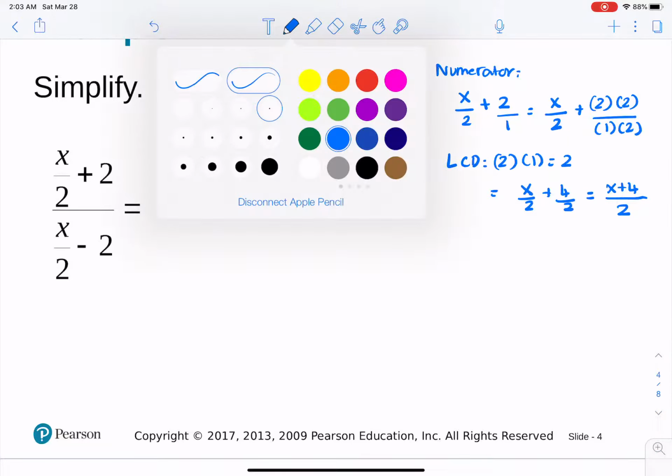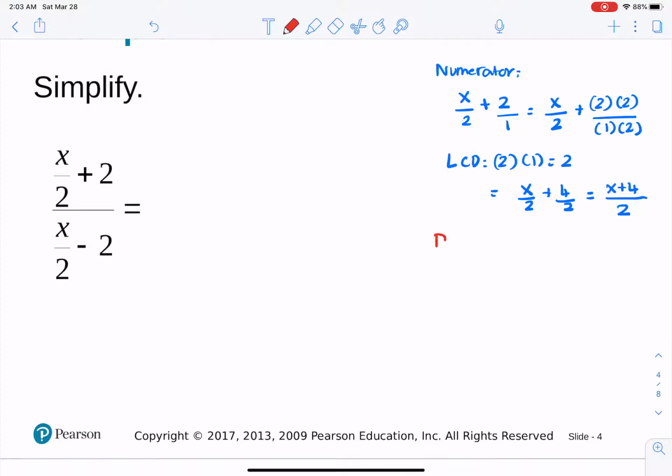Moving on to the denominator in the original complex fraction. The denominator is x over 2 minus 2. I could write that 2 as 2 over 1. Again, there is nothing in common between 2 and 1, so the denominator LCD is 2 times 1, which would be 2.